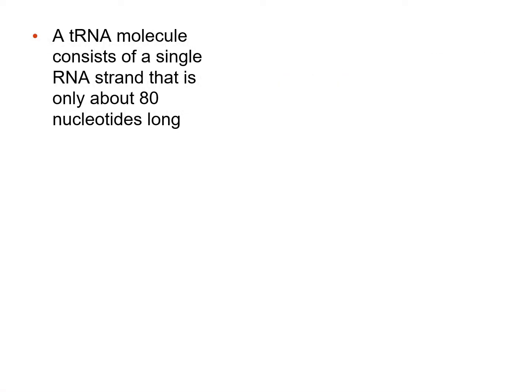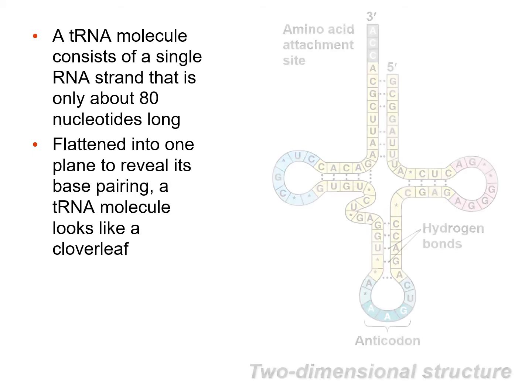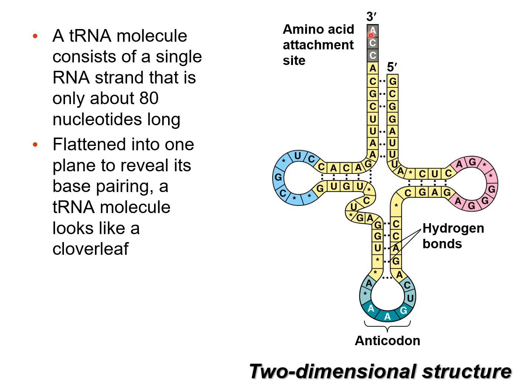Here's a zoom in of the tRNA sequence. What you see here are letters that are conserved across most or all of the tRNAs. Where you see stars are where they differ in the different amino acid tRNAs. The most important one, though, is going to be the anticodon.